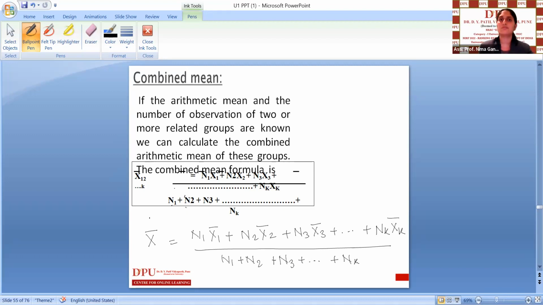This is the generalized formula. Yes, you need to remember this formula.